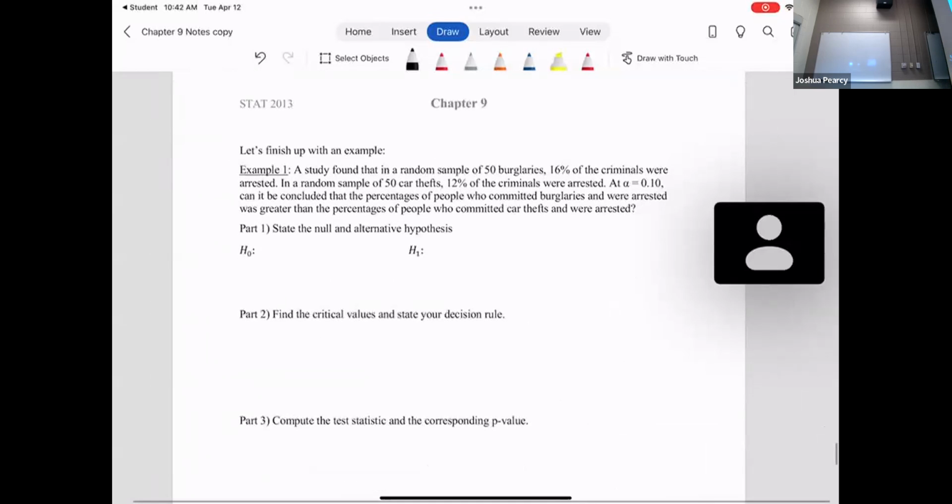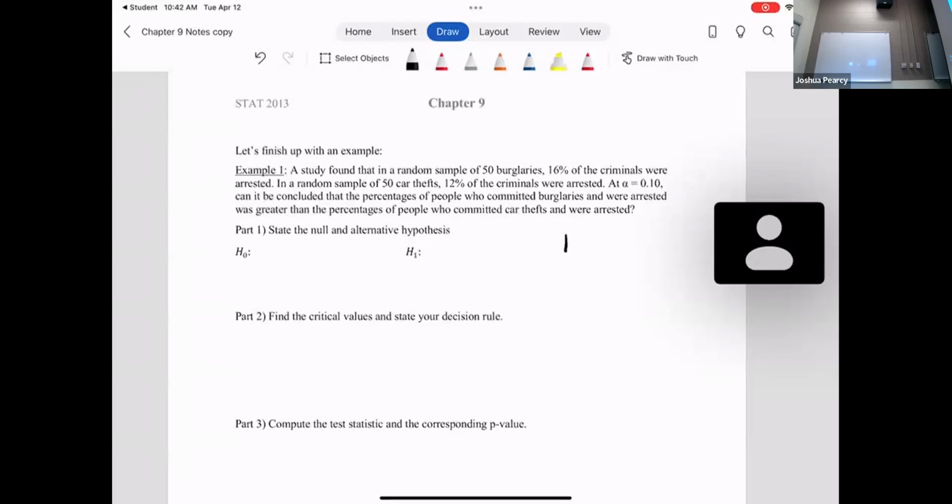In this case, you can first identify what you have for P1 hat and N1, P2 hat, and N2. That should be N2, not N1. And then X1 and X2.